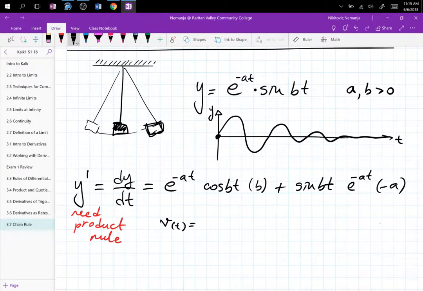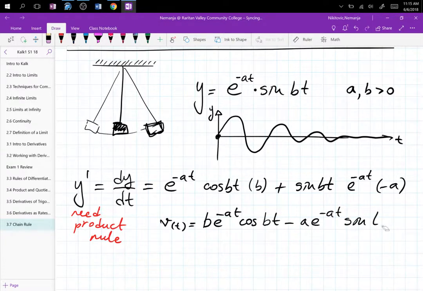So velocity is going to be b e to the negative at cosine bt minus a e to the negative at sine bt, and now we factor, make it easy.